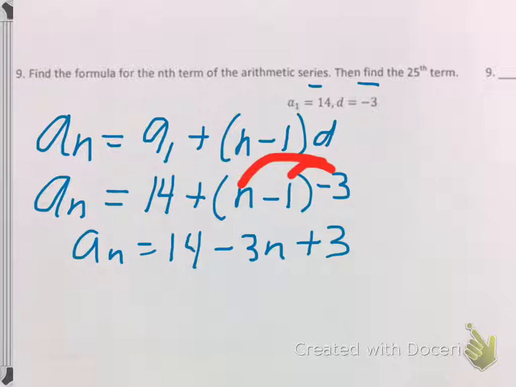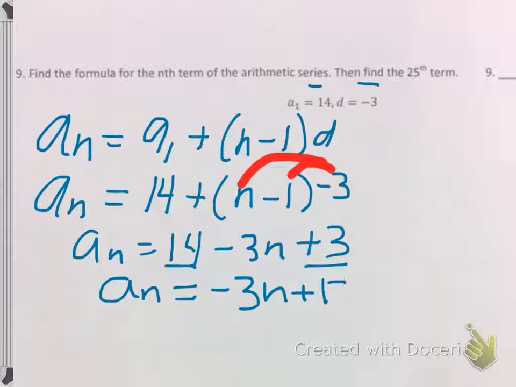Then I'm going to combine my terms on this side together. So I'm going to have a sub n equals negative 3n, and then 14 plus 3 is 17. So what we just found right here is the formula for any term of our arithmetic series.